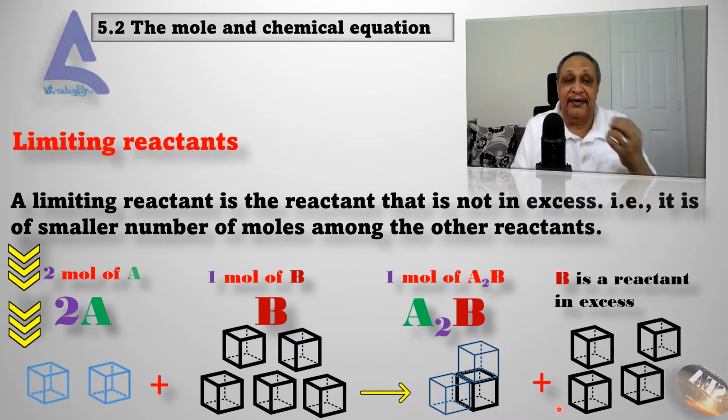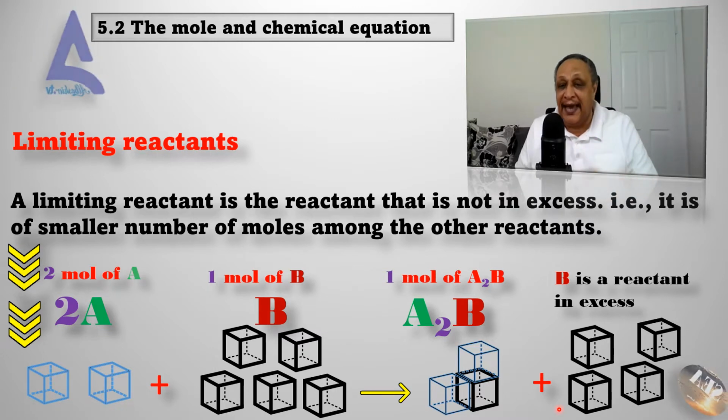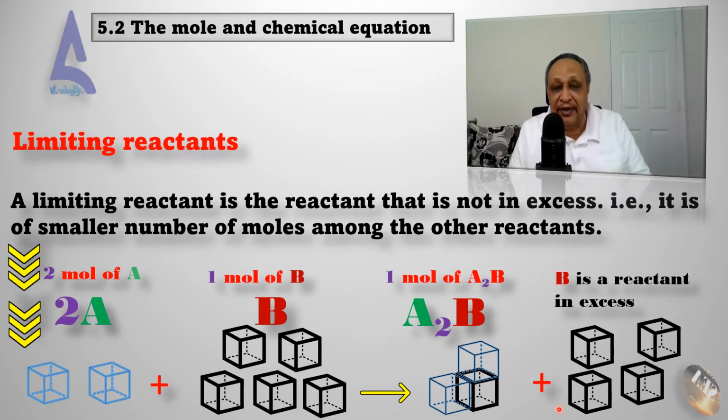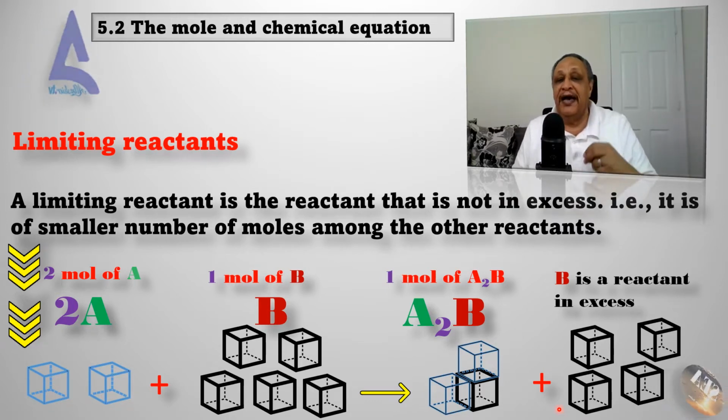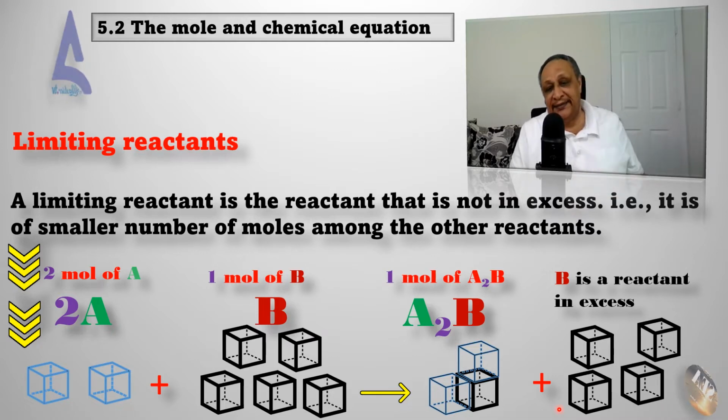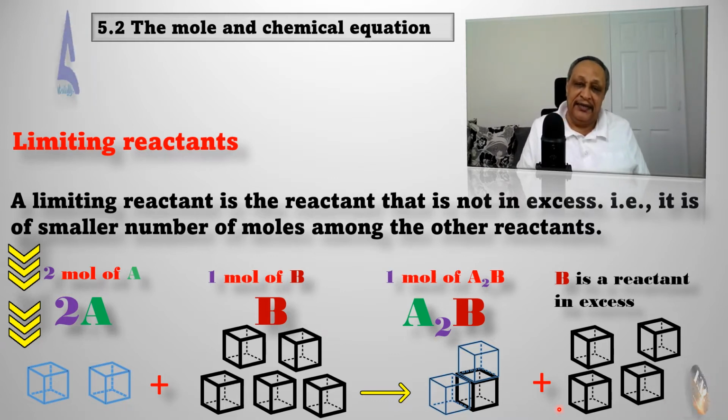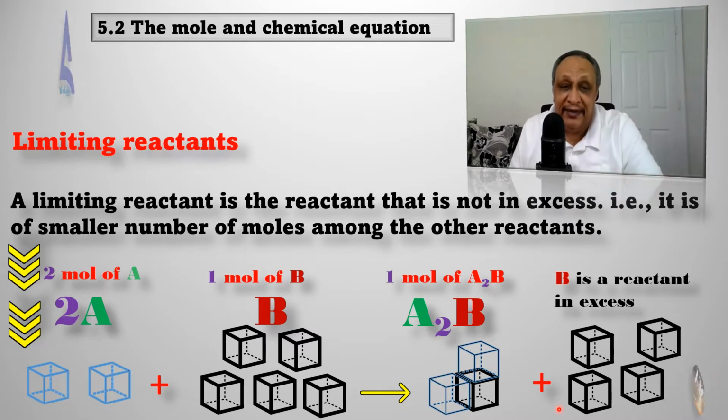A limiting reactant is the reactant that is not in excess. It is to say, it has a smaller number of moles among the other reactants, if we consider it in moles. Now you can say here, okay, this is 2 moles, but this one is 1 mole.